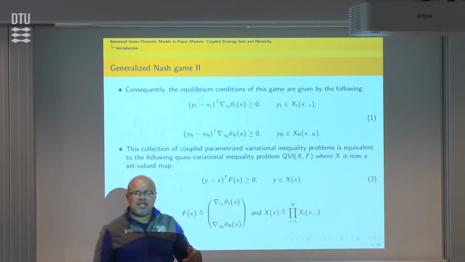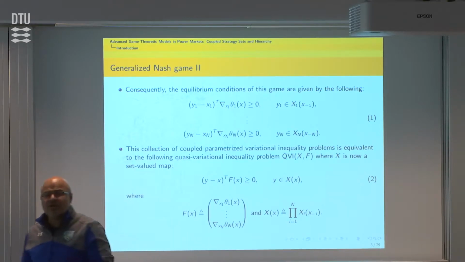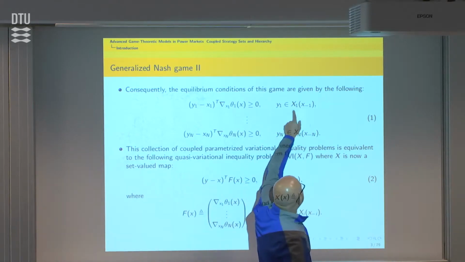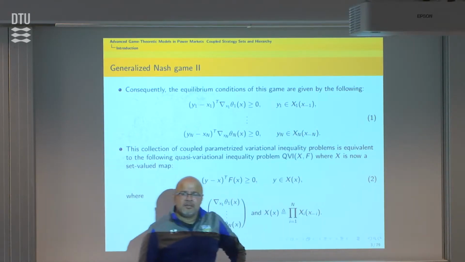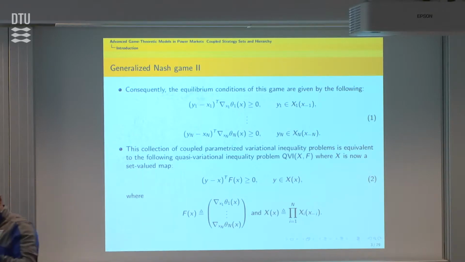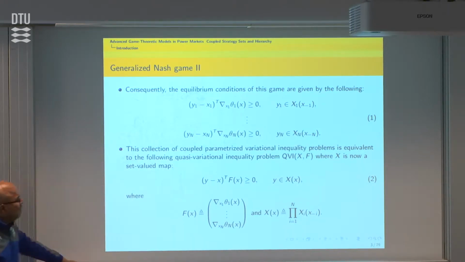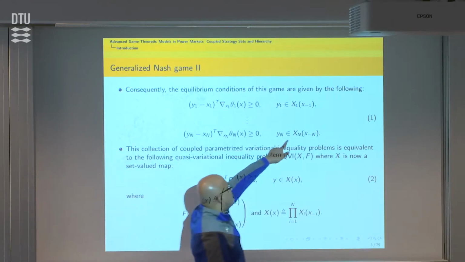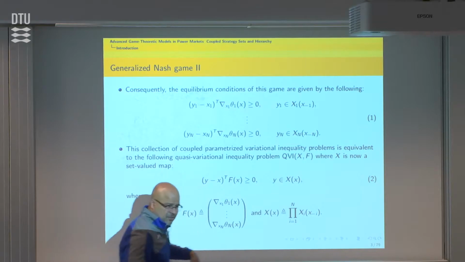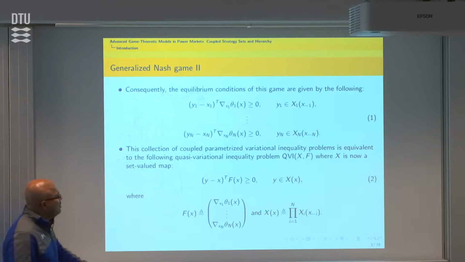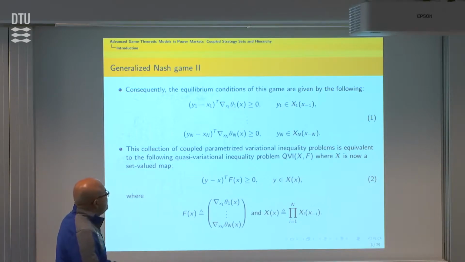Now they're all parameterized, but put together, what you notice is that this set is no longer a fixed set, because the x minus i is being specified through other systems of variational inequalities. Remember, prior to this we had just x1 to xn, but now we have this parameterization, and this parameterization significantly complicates the issue.